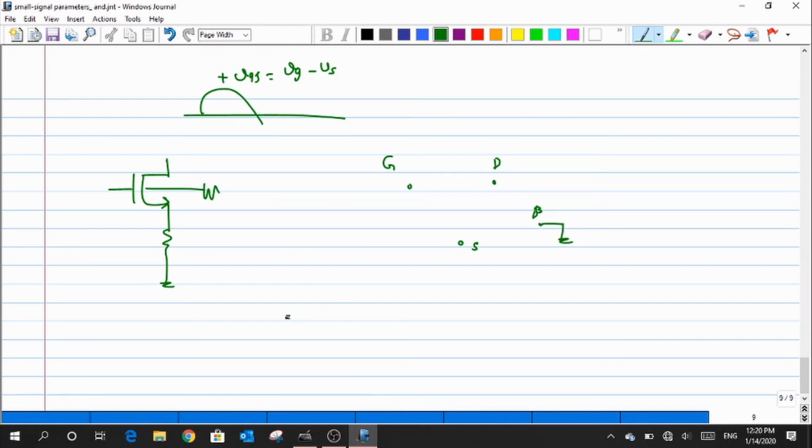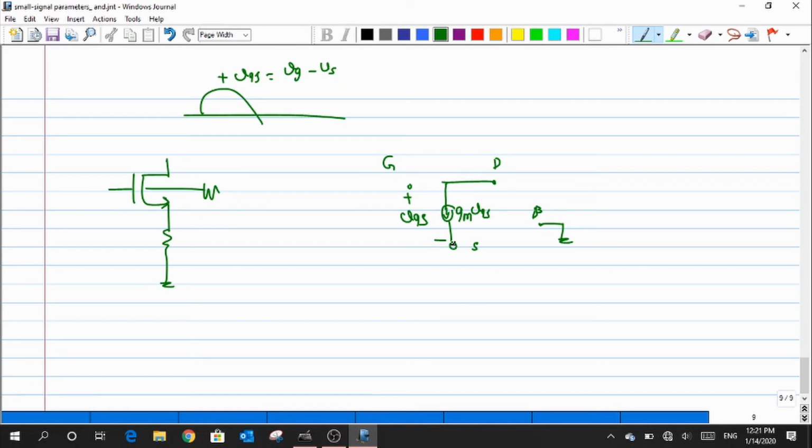Now I have this VGS, due to which I have the polarity as plus and minus. So which means that I'm talking about a positive cycle of my VGS. Then how will I draw the current that is flowing just because of this VGS? How will I represent the current? Yeah, it would be downwards with the value of GM VGS, right? So what I do is that I represent this with a current GM times VGS. Okay.